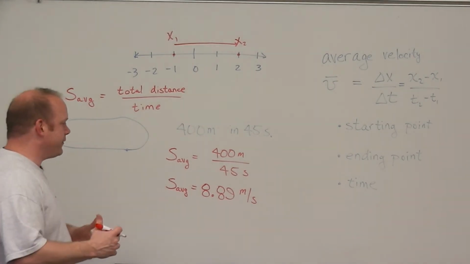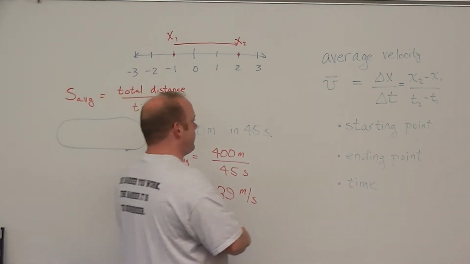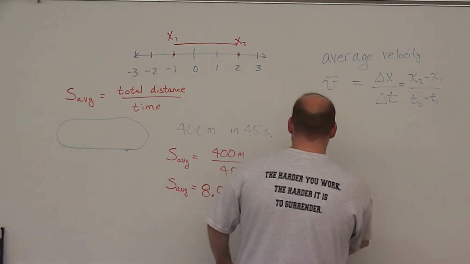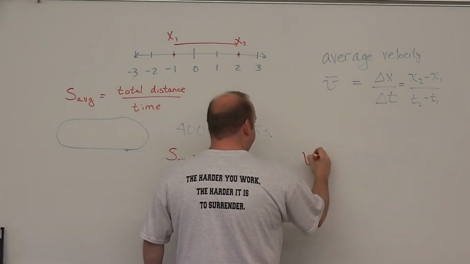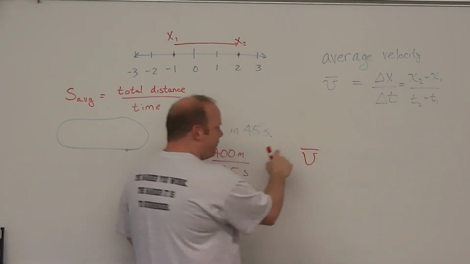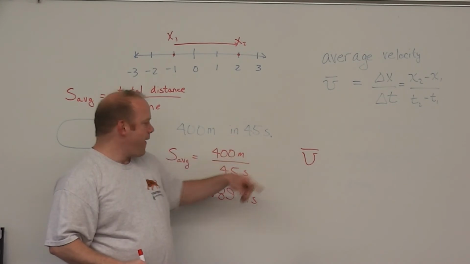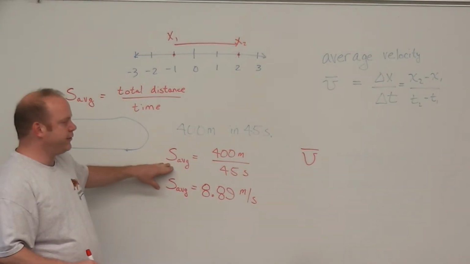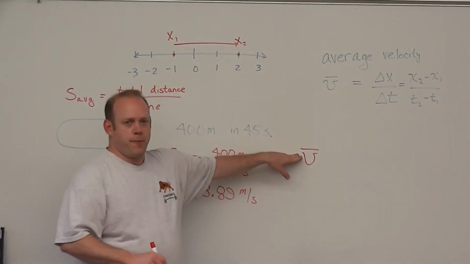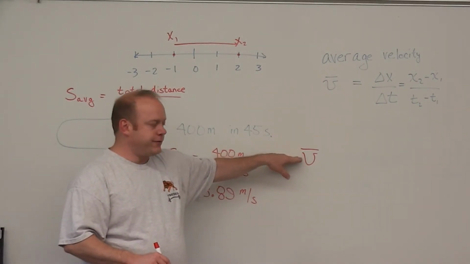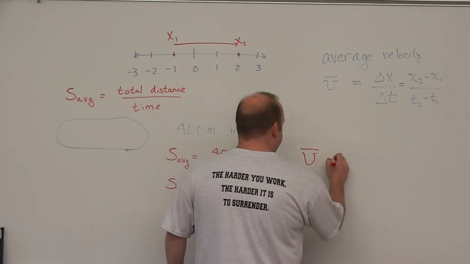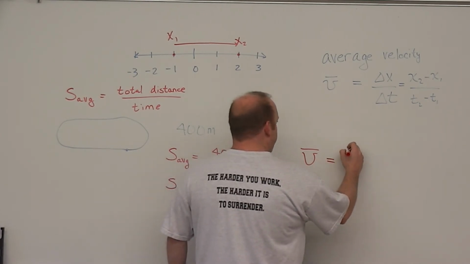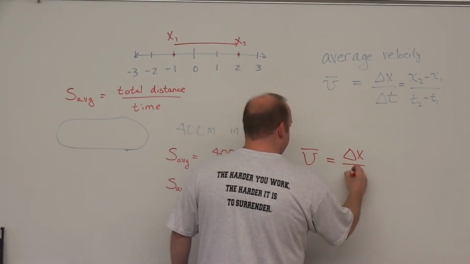Our average velocity is different. Our average velocity, okay, and that bar over top means average. I didn't put the bar over the S because, well, we're not really going to use it again, but V bar means average, okay, average velocity. In this case, it's going to be delta x over delta t.